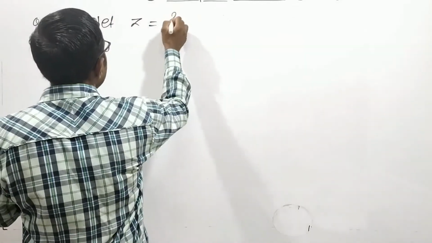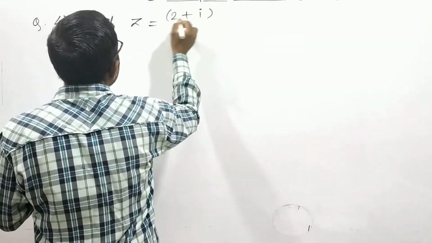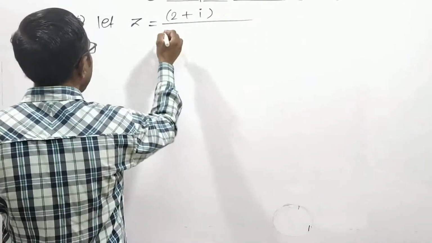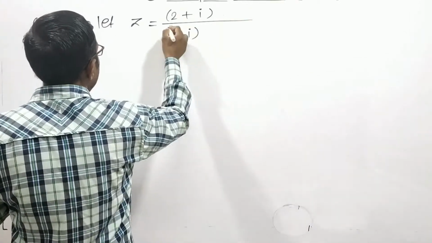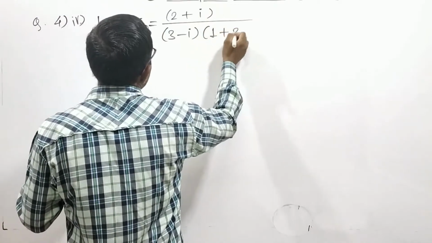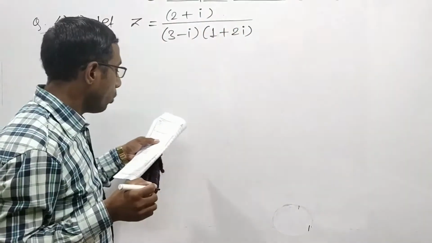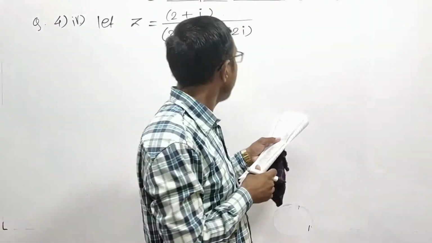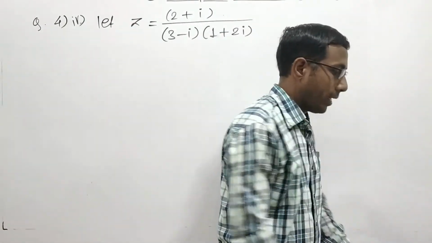It is (2 plus i) divided by (3 minus i) multiplied by (1 plus 2i).